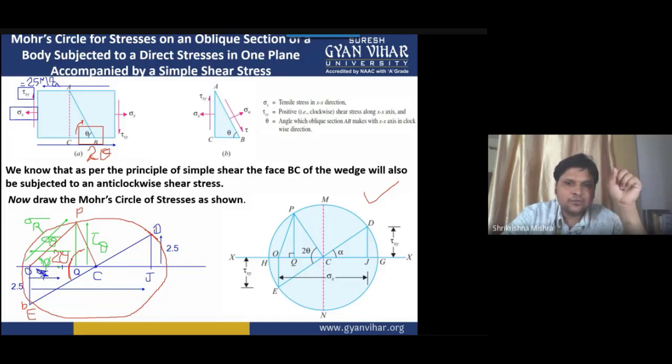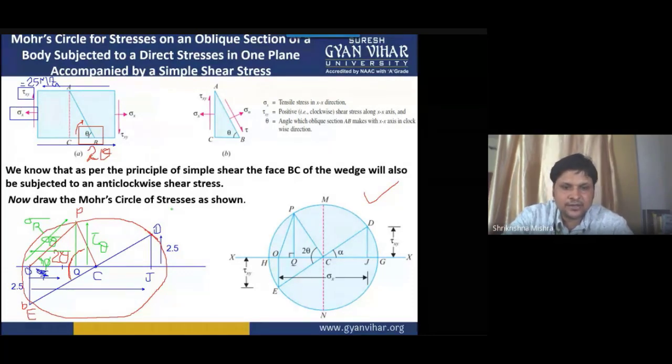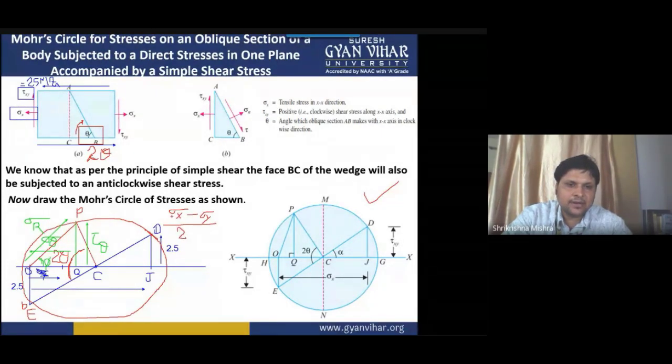If someone asks you what is the value of maximum shear stress, you only have to do one thing. You have to calculate the radius of this Mohr circle, because we all know that maximum shear stress is given by, students, the formula sigma x minus sigma y by 2.